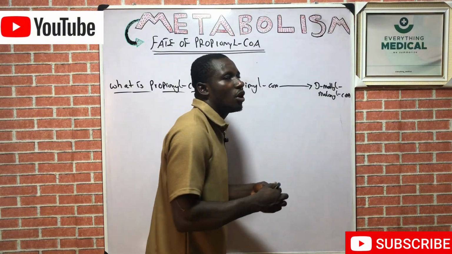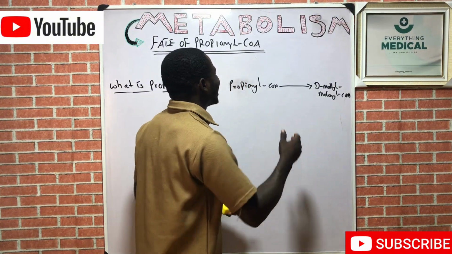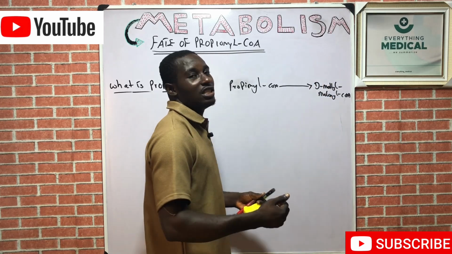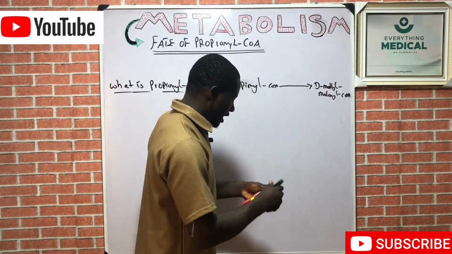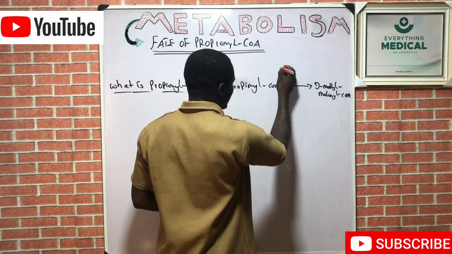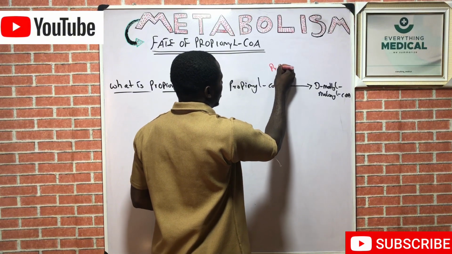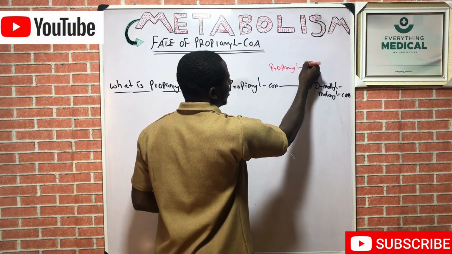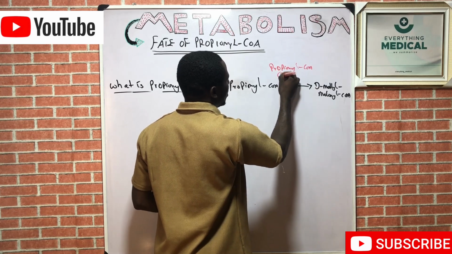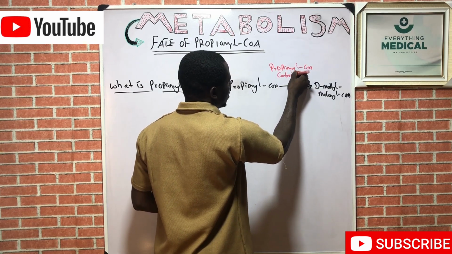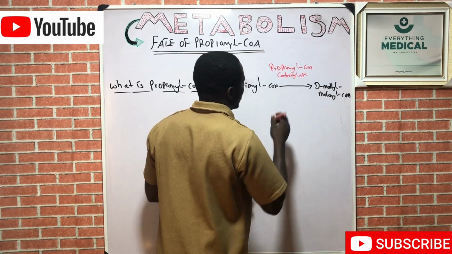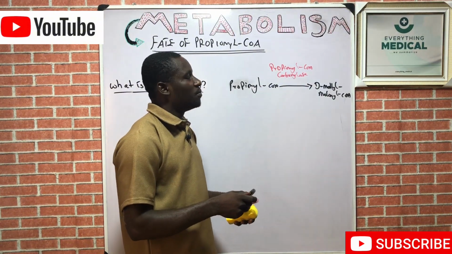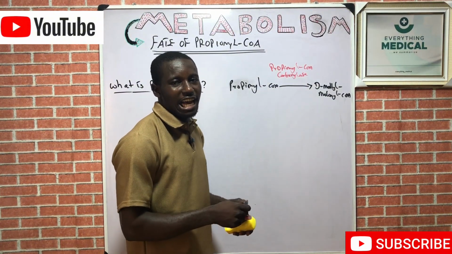So the enzyme that carboxylates propionyl-CoA to D-methyl-malonyl-CoA is a biotin-dependent enzyme. So it is propionyl-CoA carboxylase, and it uses biotin as its coenzyme.